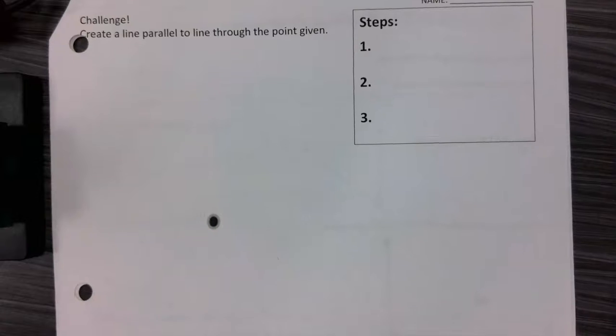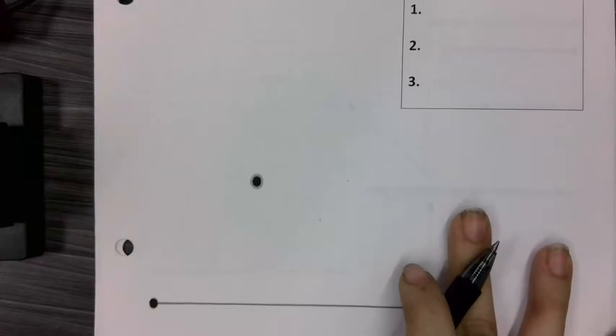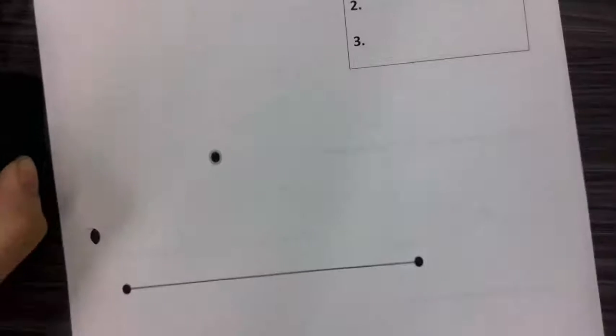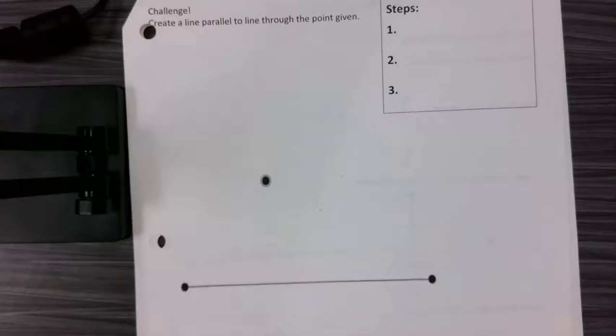Okay. So this one, I want to draw a parallel line to this line through that point that's right there. So I need to zoom out more. My first step is I'm going to draw a perpendicular line through the point.